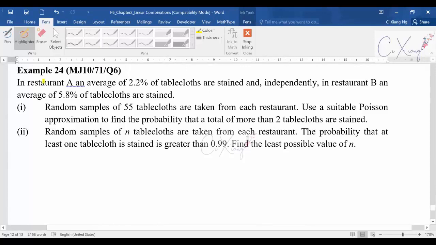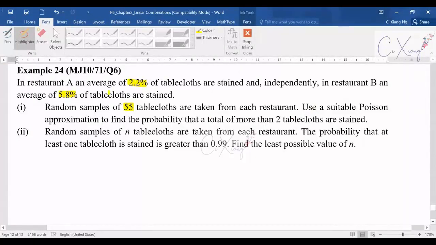In restaurant A, an average of 2.2% of tablecloths are stained, and independently in restaurant B, 5.8% of tablecloths are stained. So they have two restaurants here, A and B. I think it's very straightforward. Then a random sample of 5 tablecloths is taken from each restaurant.